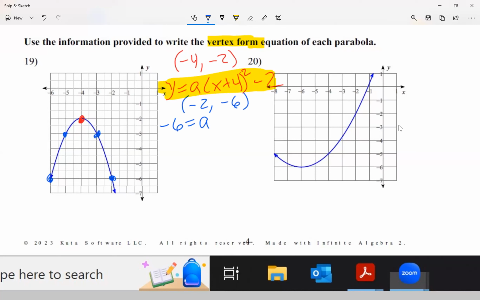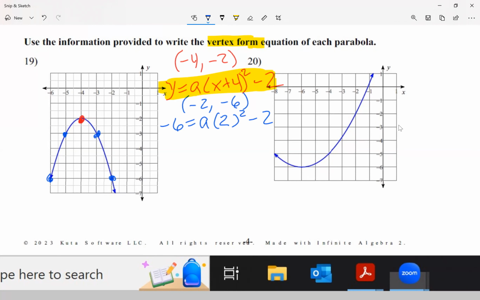Now my parentheses. It says x plus 4, and I'm using -2 for x. I'm using the values from the point that I chose. I'm choosing -2 for x, so x plus 4 should be +2, right? -2 plus 4 should be +2 squared, minus 2.